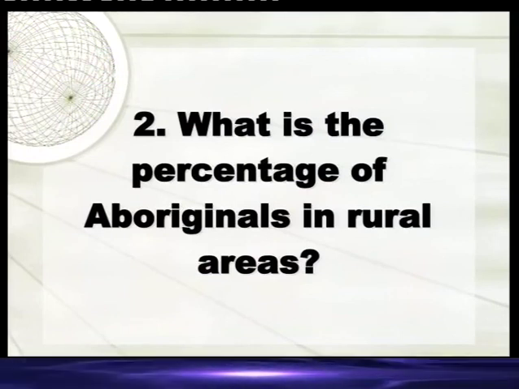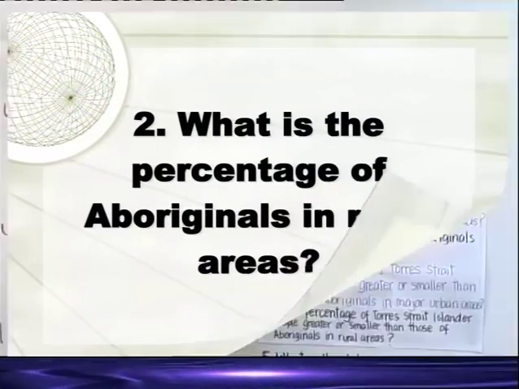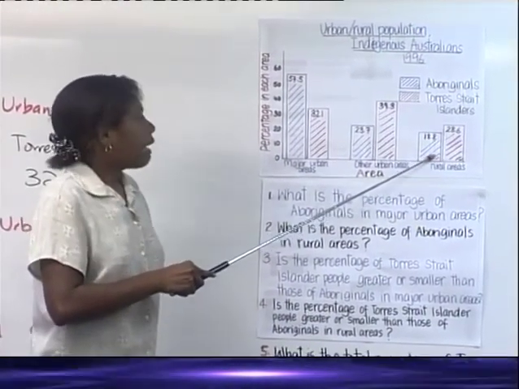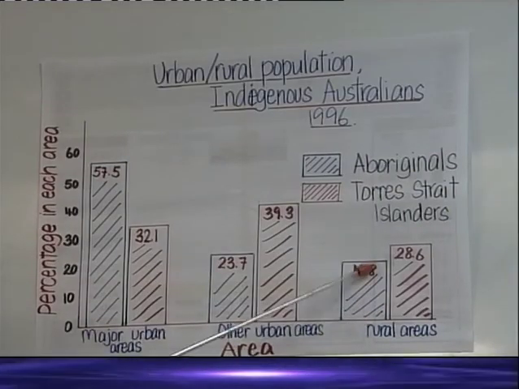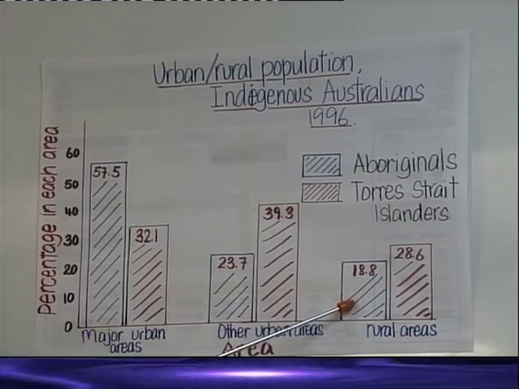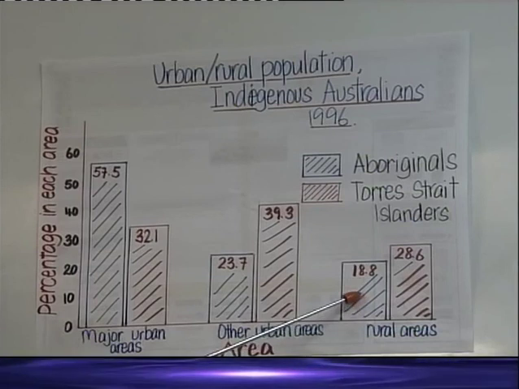Okay, very good. And your answer? 18.8%. Okay, 18.8% of Aboriginals live in rural areas.